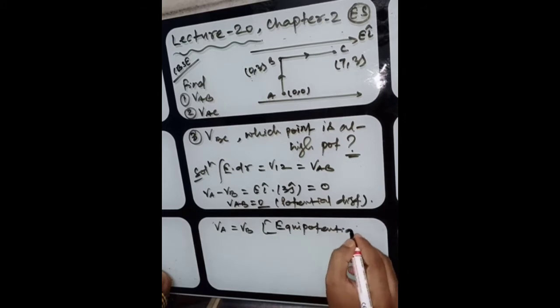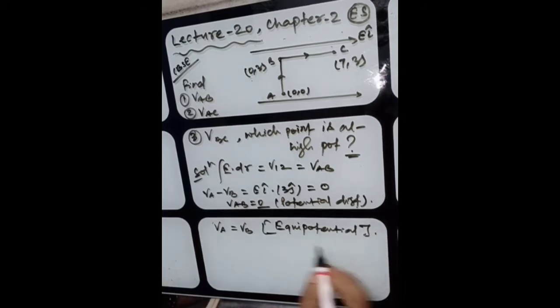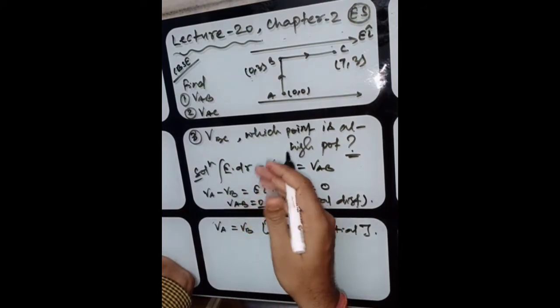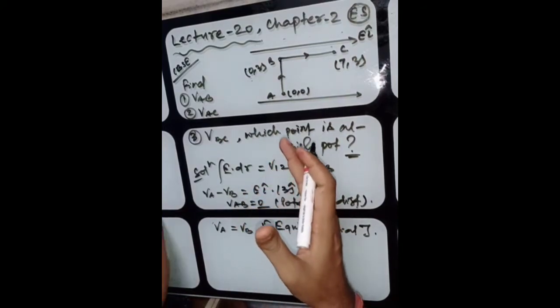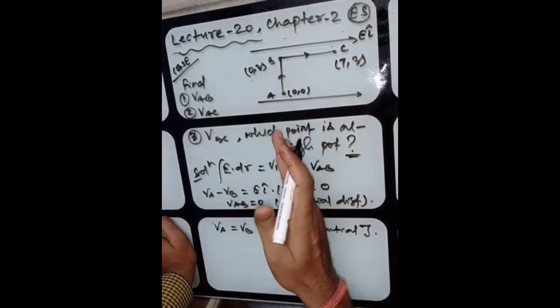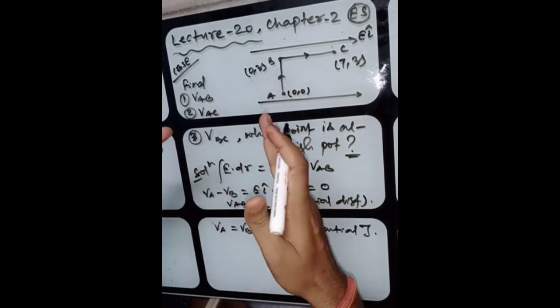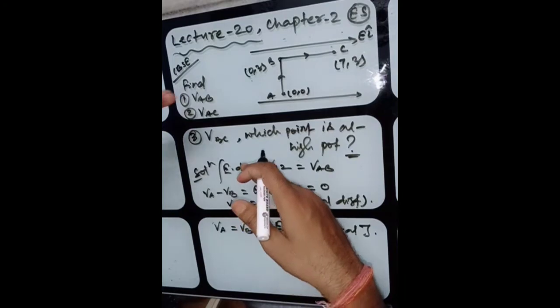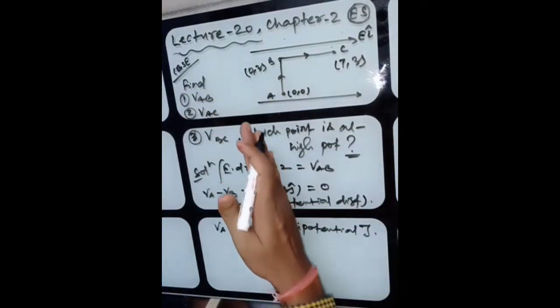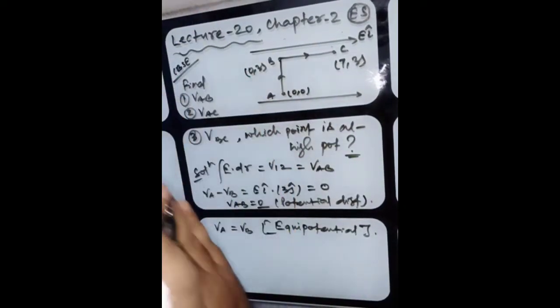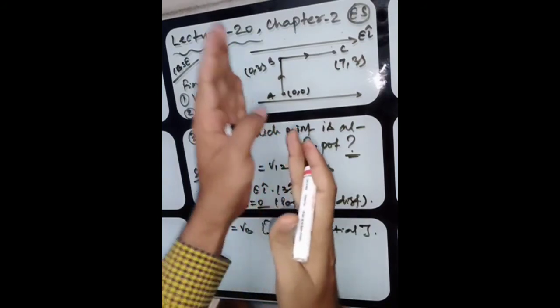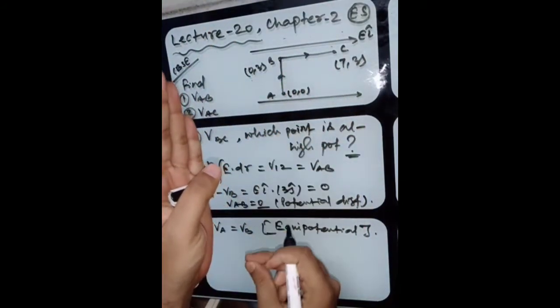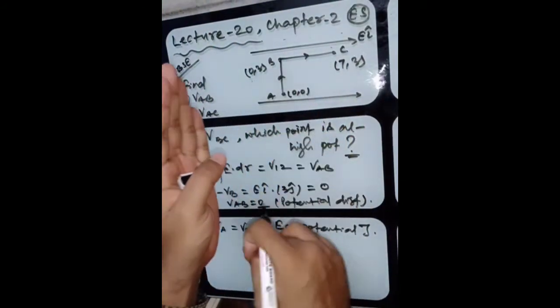We will study equipotential surfaces in detail. Suppose the electric field is moving in this direction and you have a plane; in this plane, every point will be at the same potential.